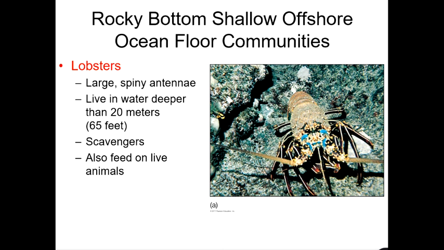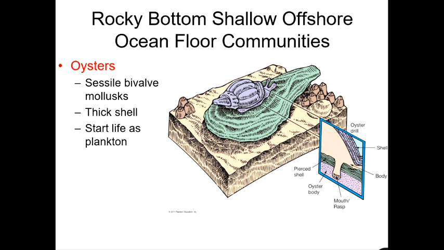Also offshore you get some interesting creatures in the rocky bottoms, particularly, you might imagine, off the coasts of Maine, Newfoundland, and Canada. Lobsters, some of these things can be gigantic, and they can either be active carnivores, but generally they're scavengers. Giant arthropod crustaceans scooting along the bottom. Oyster banks. This is a unique type of hard bottom or rocky bottom, and in fact they make the rocky bottom.